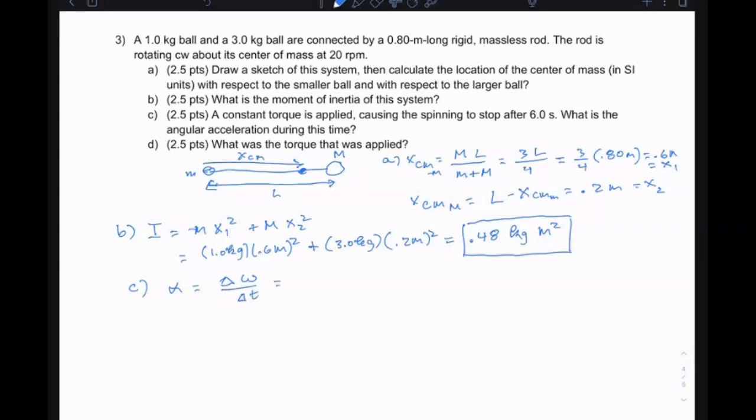So this is equal to the final angular velocity minus the initial angular velocity over delta t, which is equal to 0 minus 20 RPM converted to radians per second over 6 seconds.